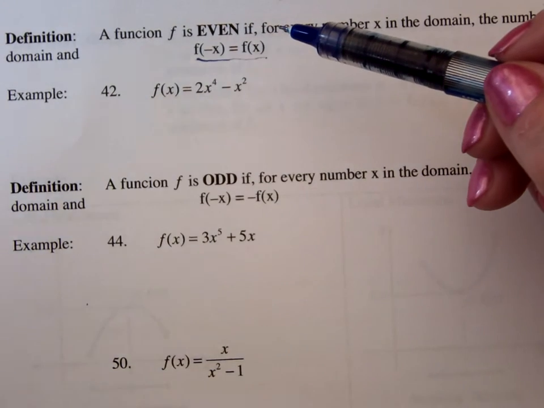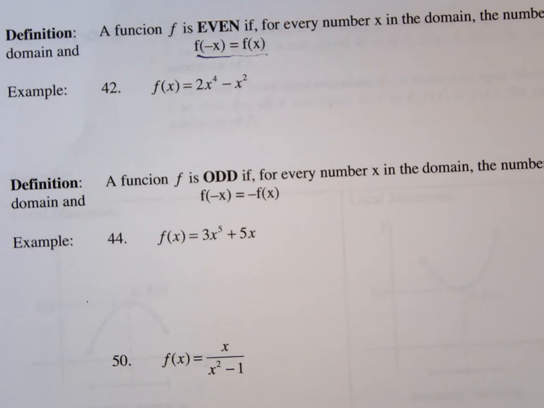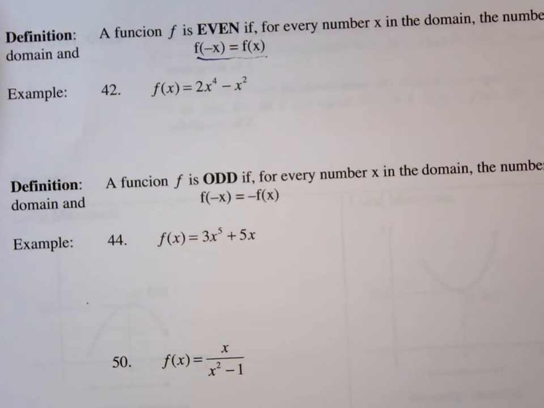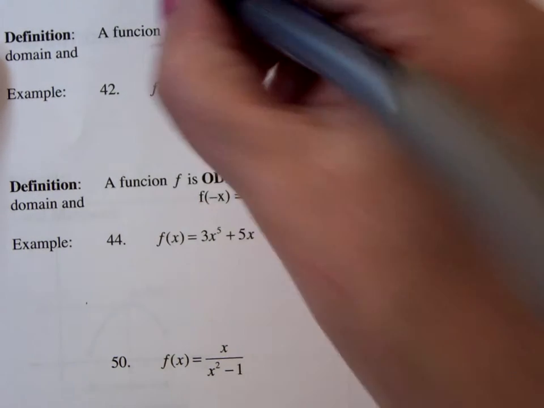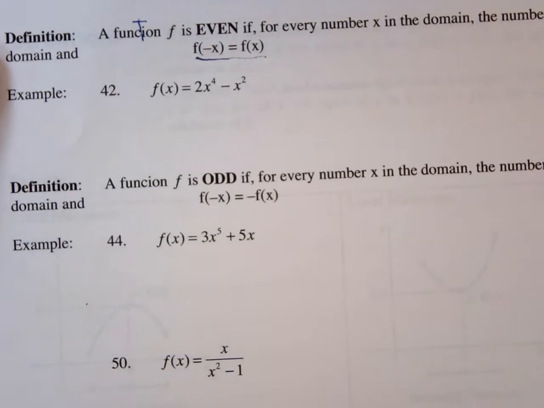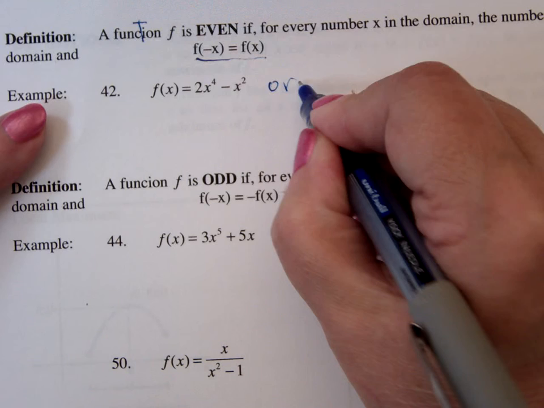If you think of x squared, if you put a minus x into x, and then you square the whole thing, you end up with x squared. So it's going to kill the negative, and that's what makes the function even.